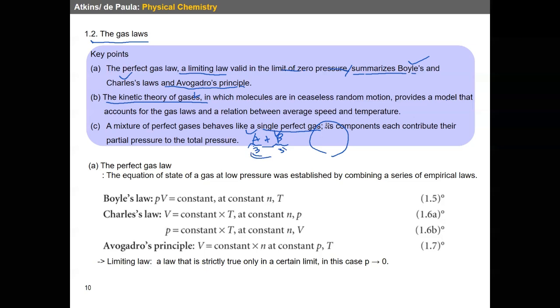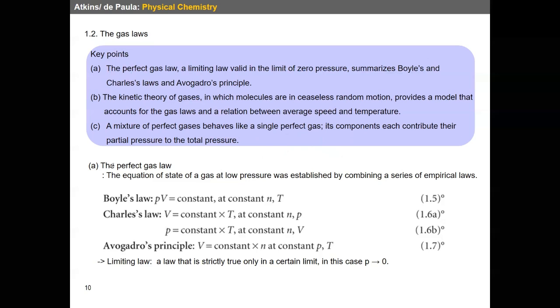Then the total pressure will be 6. I mean, what this means is that A and B will contribute to the total pressure with their own partial pressures. So this is the key point of gas law, and we will talk about this in more detail later.